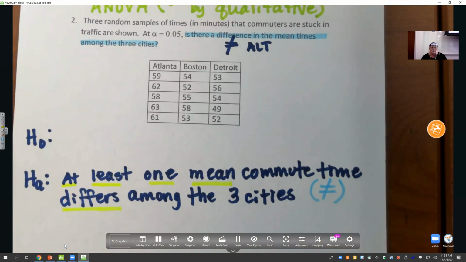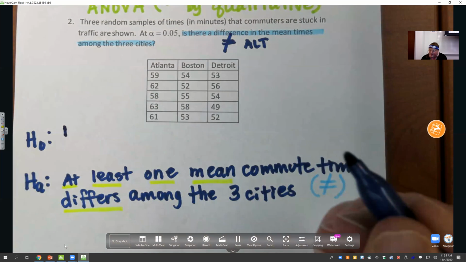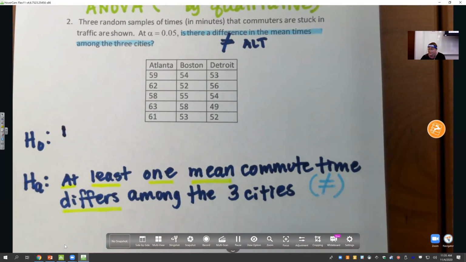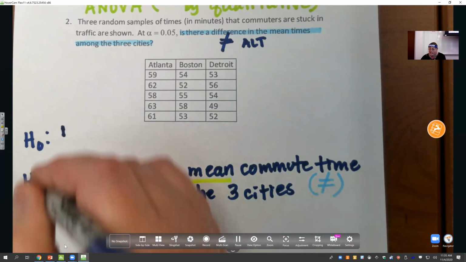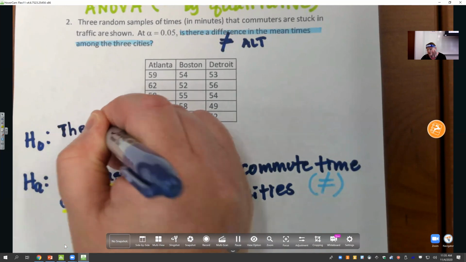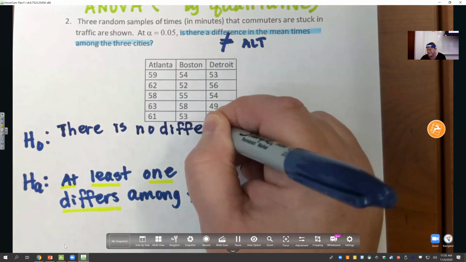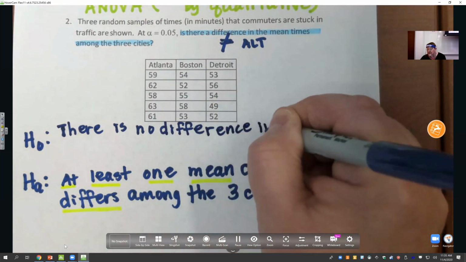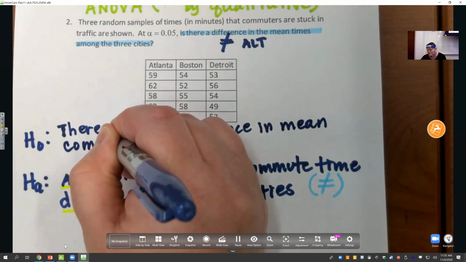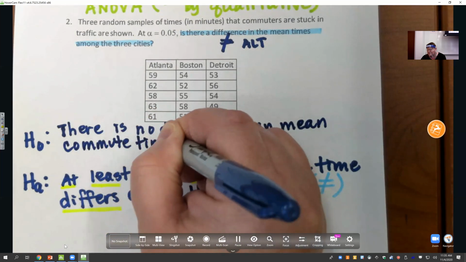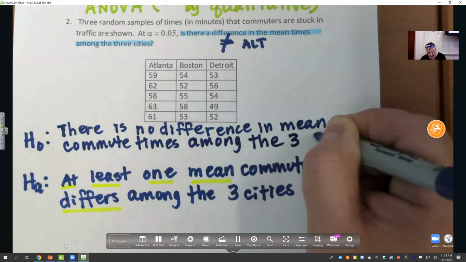Now, the way you word your null hypothesis, well, there's different ways you could say it. You could say all mean commute times are approximately equal. You could say there is no difference in mean commute times among the three cities.